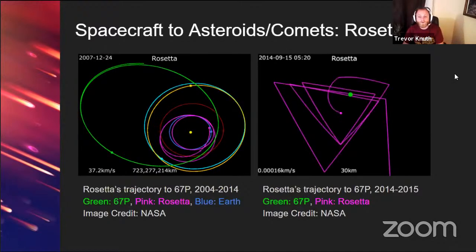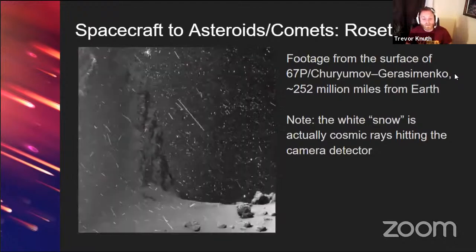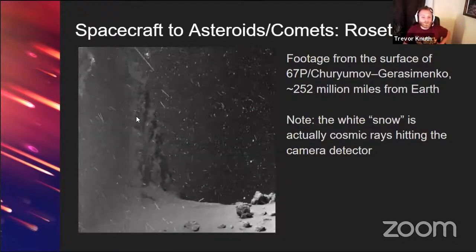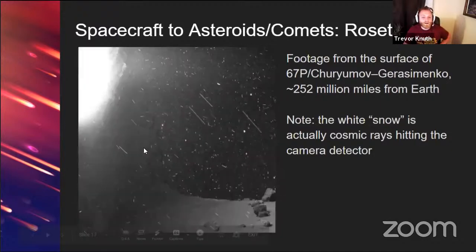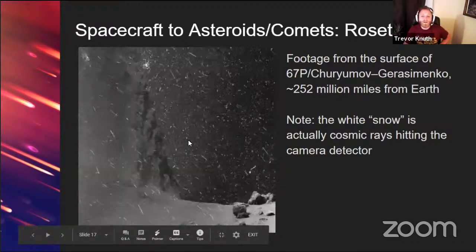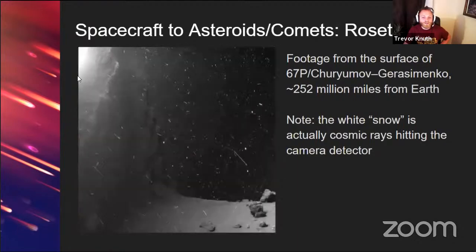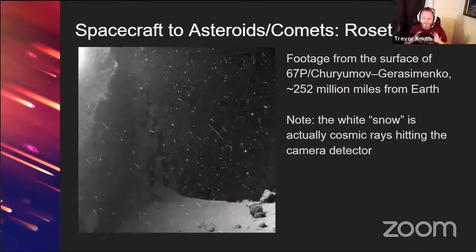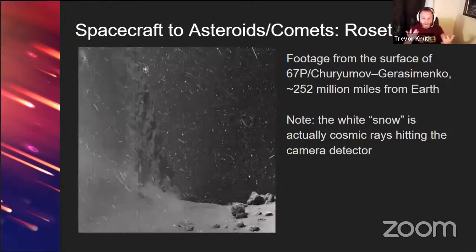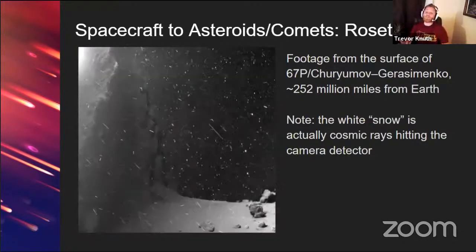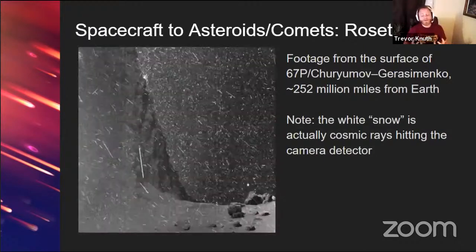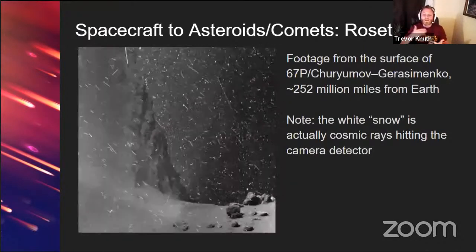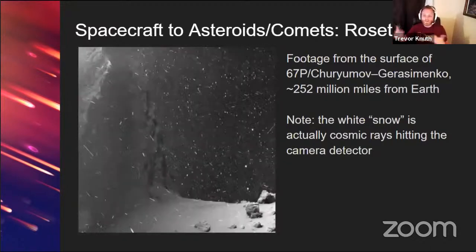As I mentioned before, Philae was the little probe that got sent to it. And so here you can see the actual picture of the cliffside that it unfortunately got stuck behind and got shadowed. The little snow and granulations that you're seeing in this image is not due to anything actually coming off of this object. It's due to what are called cosmic rays, which are really hyper-energetic particles which can come from the sun as well as extrasolar sources like supernovae.